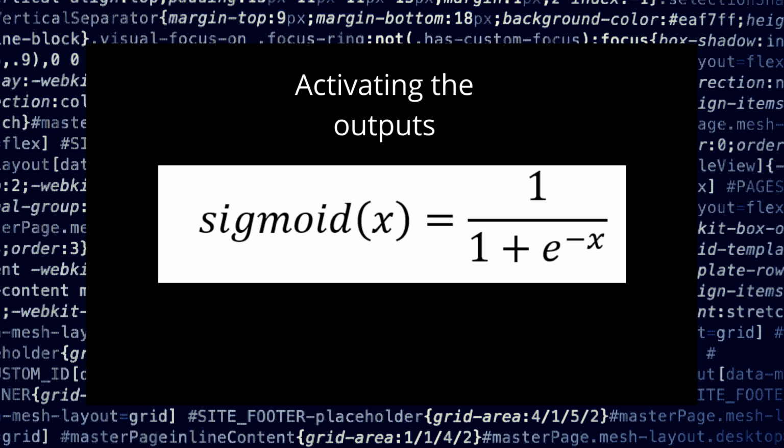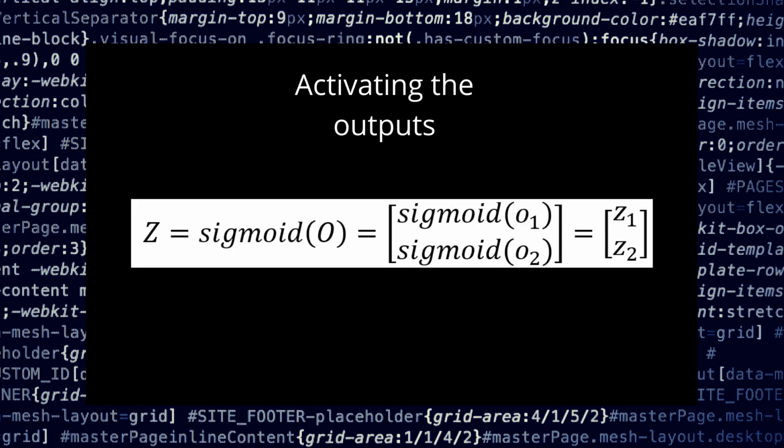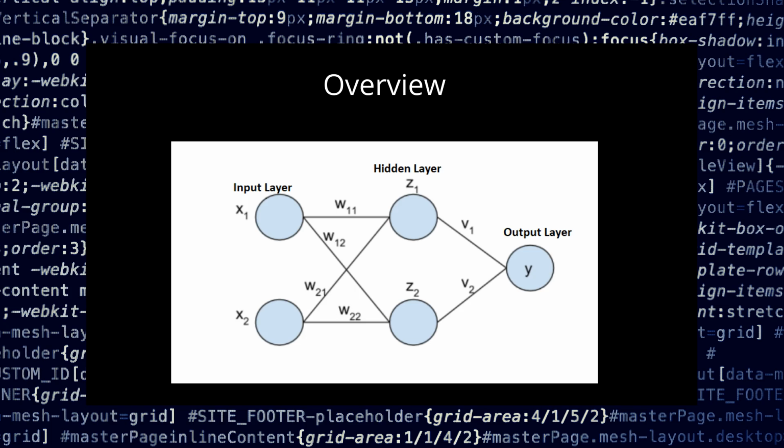For our sigmoid activation function, our outputs are basically forced to be in between 0 to 1. So, mathematically, we show this as Z becoming the sigmoid of O1 before, and that transforms it into sigmoid O1, sigmoid O2. From there, we have a second weight function. Let's define this as the V weight function, and this is from the hidden layer to the output layer.